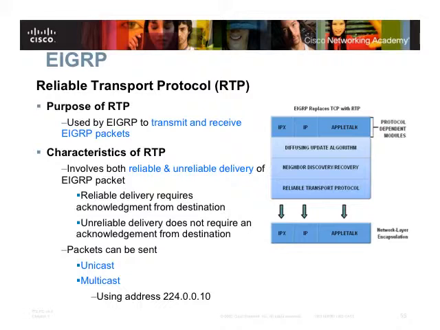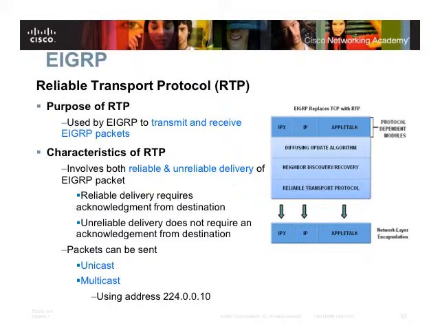And the main reason for this is the fact that, as we said, EIGRP was designed to support all these protocols, not only IP. Okay, so it can be used for IP or IPX or AppleTalk or any other network layer protocol.